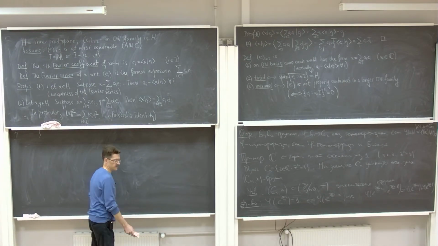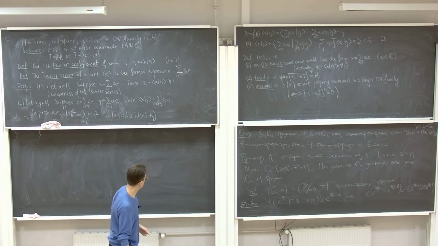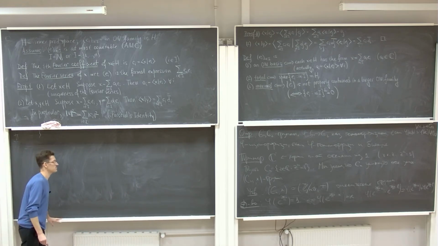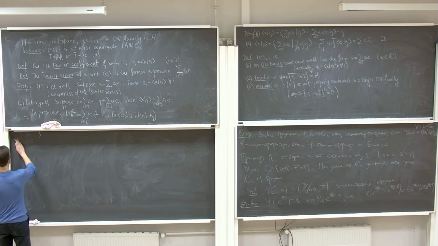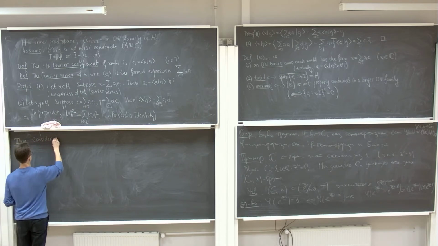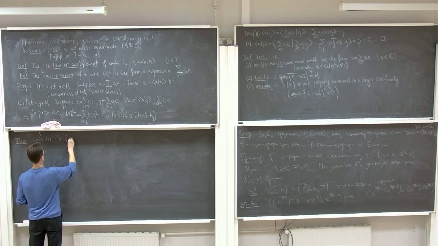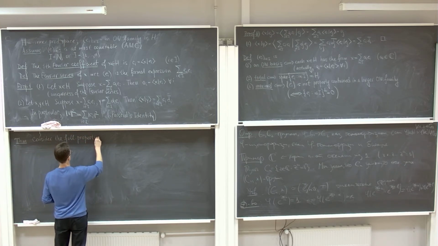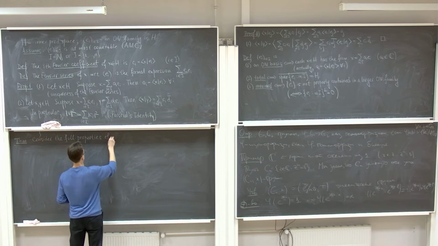Okay, now let's look at relations between these three properties. So we have the following theorem. Consider the following properties of our family e_i.